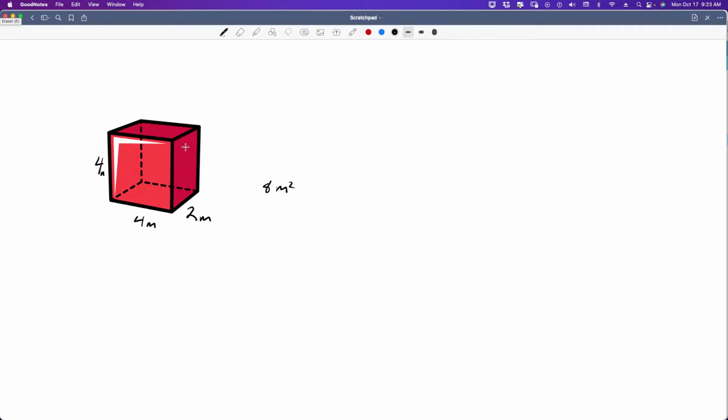But the volume is what's inside the box. How much can the box hold? And we get that by multiplying the area of the base times the height. So what it basically does is it says, okay, we've got this section here of 1 meter units all the way across the bottom.